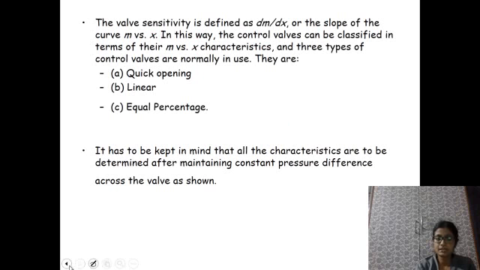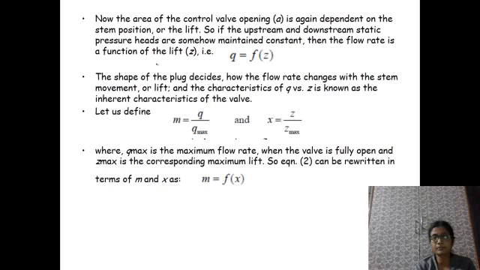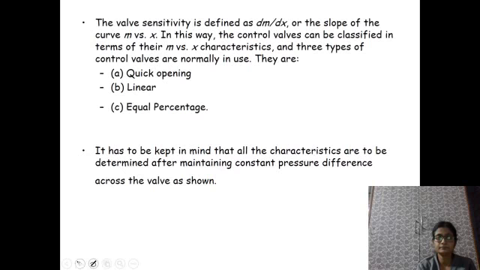So initially the flow rate is a function of Z, and then it is finally expressed as M as a function of X. So the valve sensitivity and valve characteristics are defined by the M versus X curve, and three different types of characteristics are quick opening type, linear type, and equal percentage type.